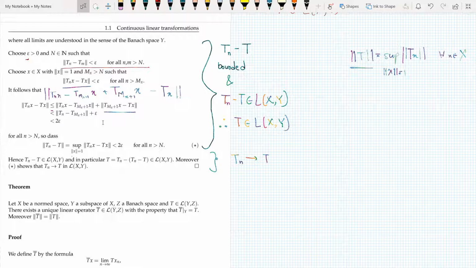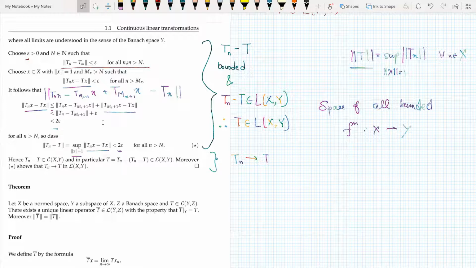I take norm of x equal to 1, I replace everything here, and this, as we saw before, is less than 2 epsilon, which means that the norm of Tn minus T is bounded by this quantity, which implies that this Tn minus T belongs to Lxy, which is the space of all bounded functions from X to Y.